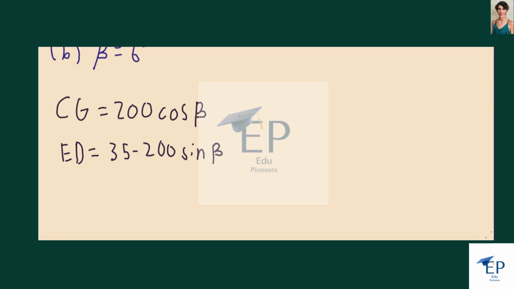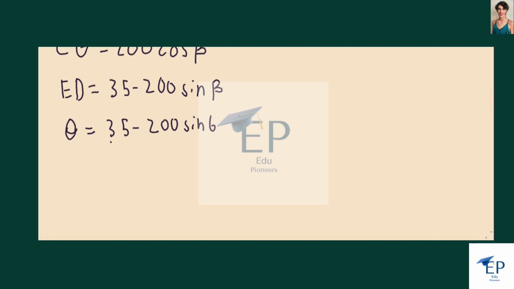And to solve for the angle theta, you can say that theta is equal to the sine inverse of 35 minus 200 times the sine of 6, divided by 250.